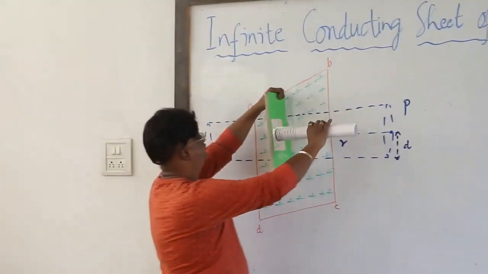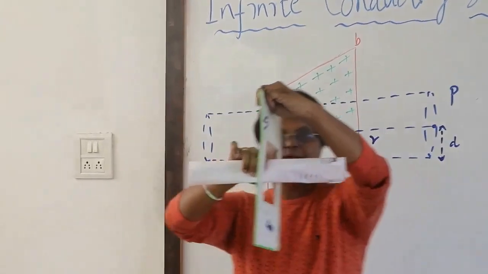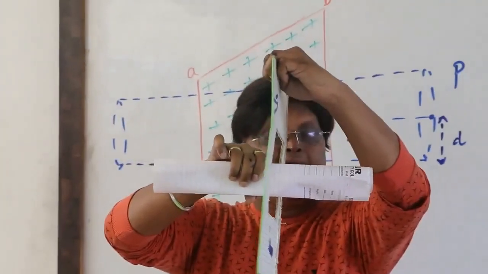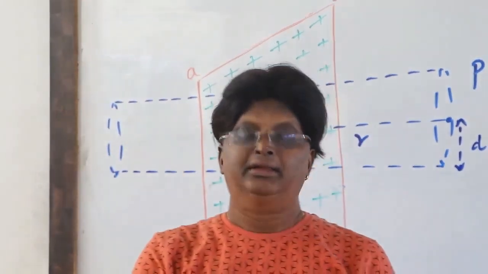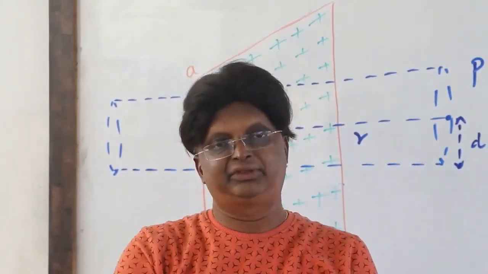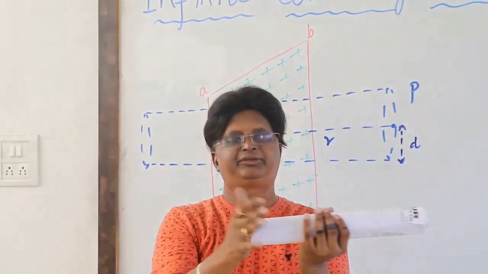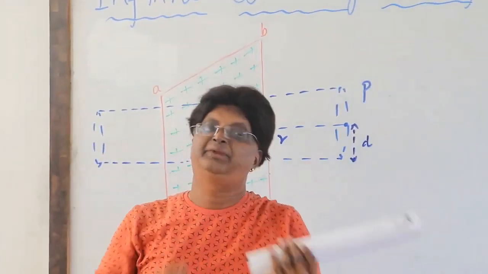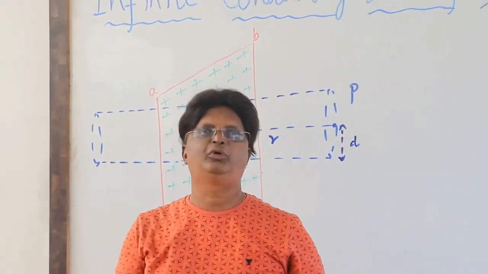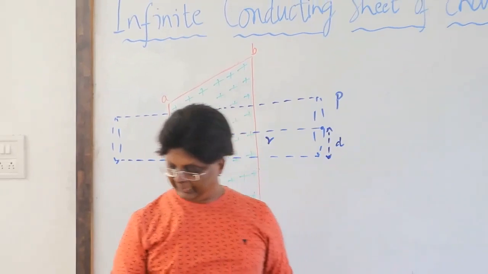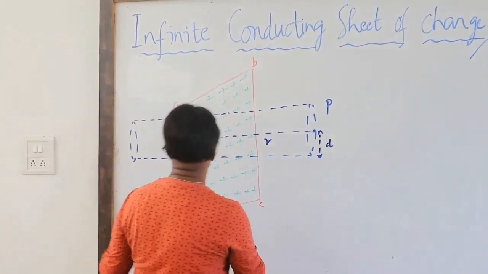Now our Gaussian surface is like this. Again, the Gaussian surface is in the form of a cylinder. The cylinder has the curved surface, and it also has these planar, flat surfaces. One more time, the same repetition of what we did in the earlier case. So from here I am taking it one more time.